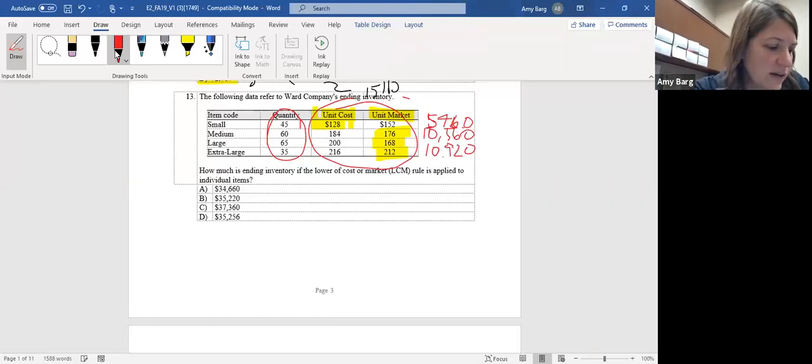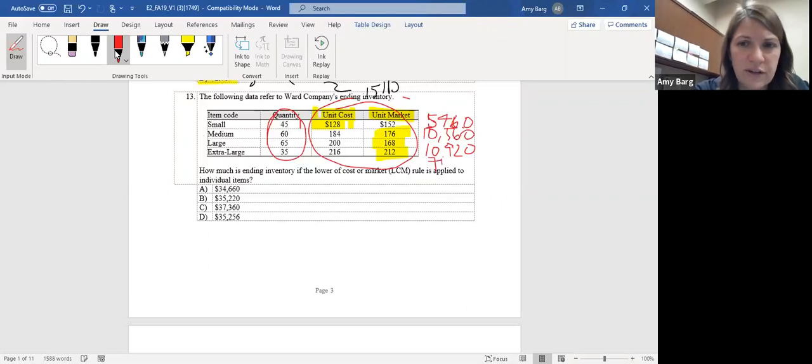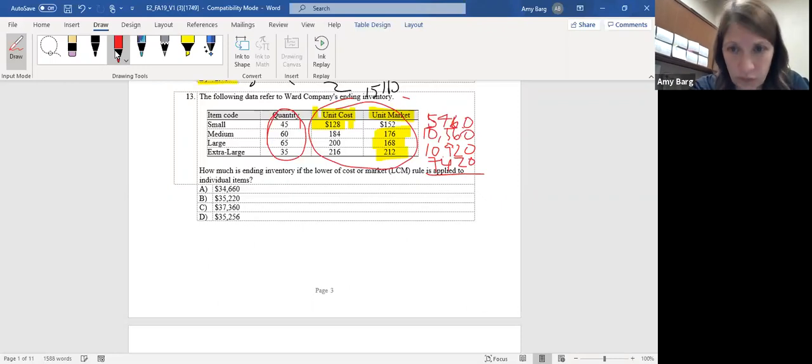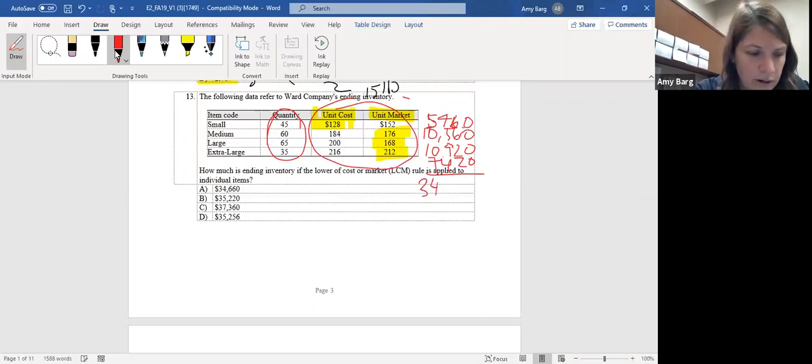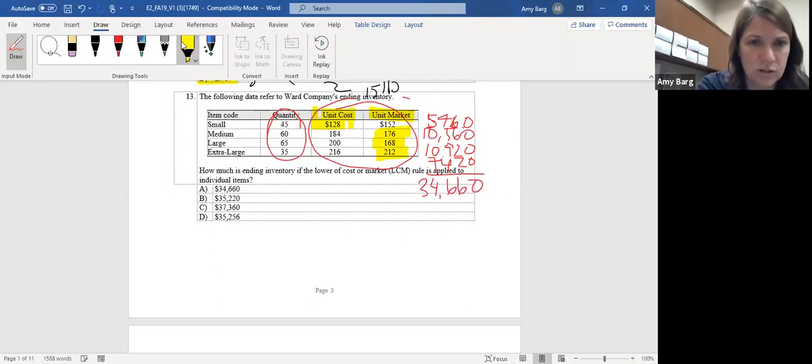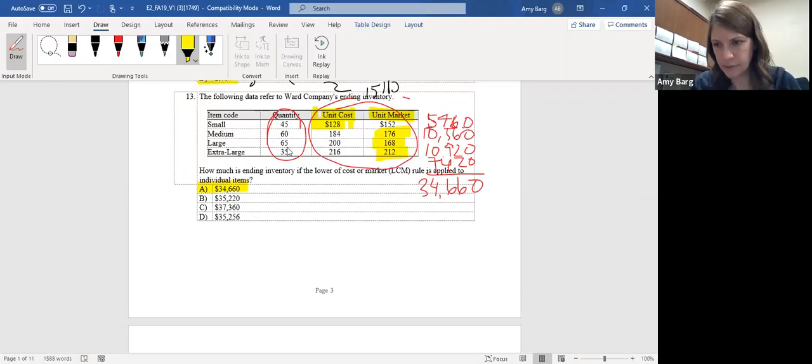And 35 times 212 is 7,420. So if you add those four numbers up, you get 34,660, which is answer A. Are there any questions about that? It's pretty simple.